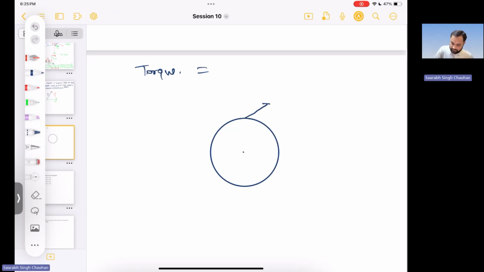If you can resolve this force into a tangential component and a radial component, and this is the radius of the wheel, then the torque on this wheel will be the tangential force times this radius.